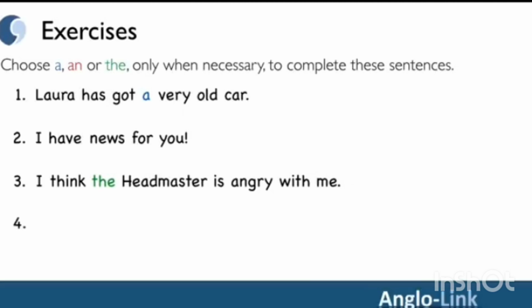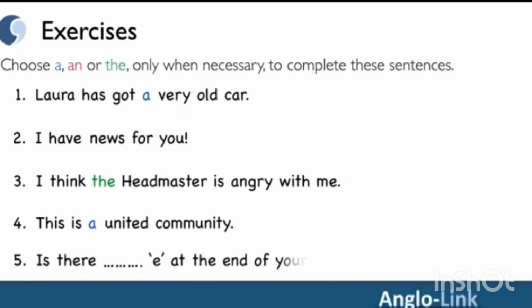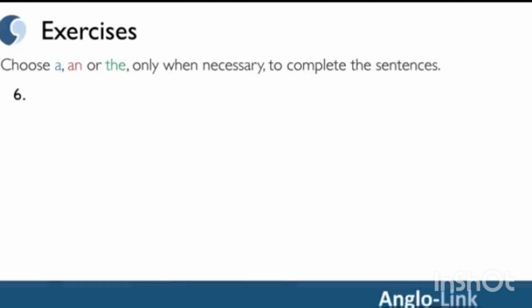Number 4. This is united community. This is a united community. 5. Is there E at the end of your name? Is there an E at the end of your name? Number 6.